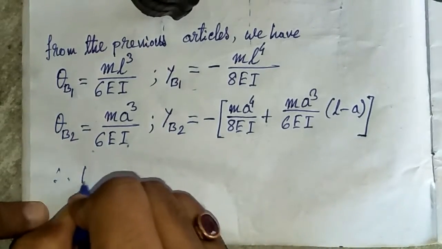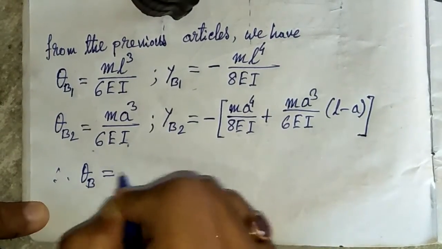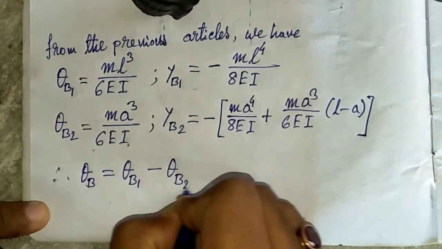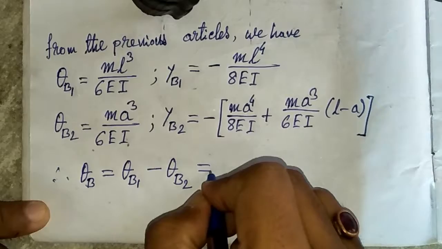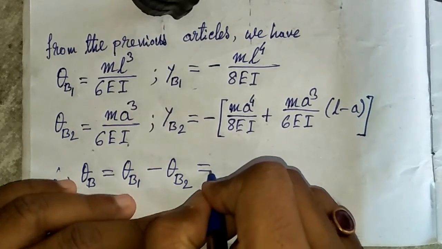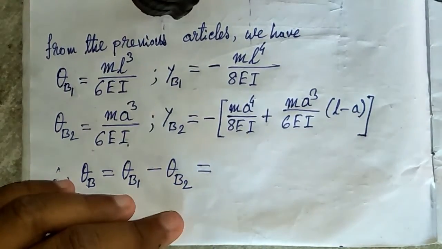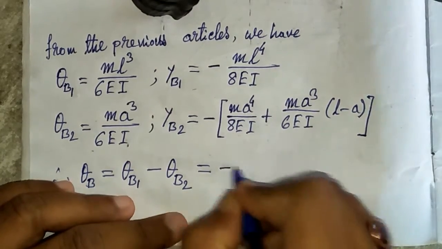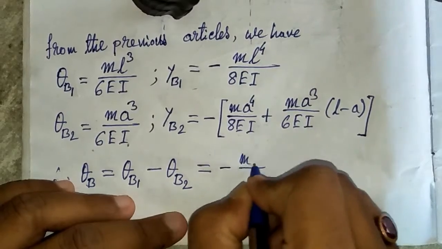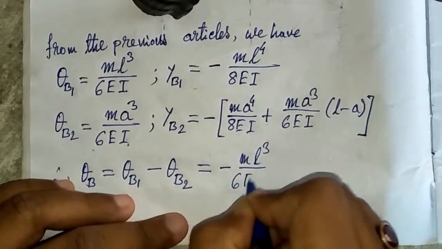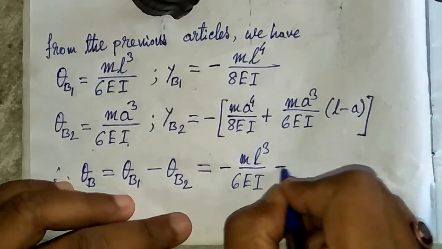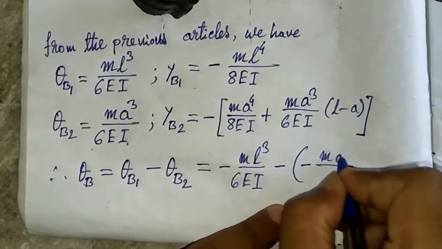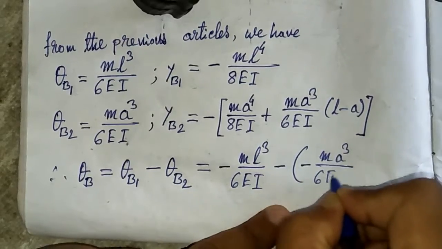Now the slope at point B. Therefore the value of theta b equals theta b1 minus theta b2, that is equal to minus m L cube by 6 EI minus of minus m A cube by 6 EI.